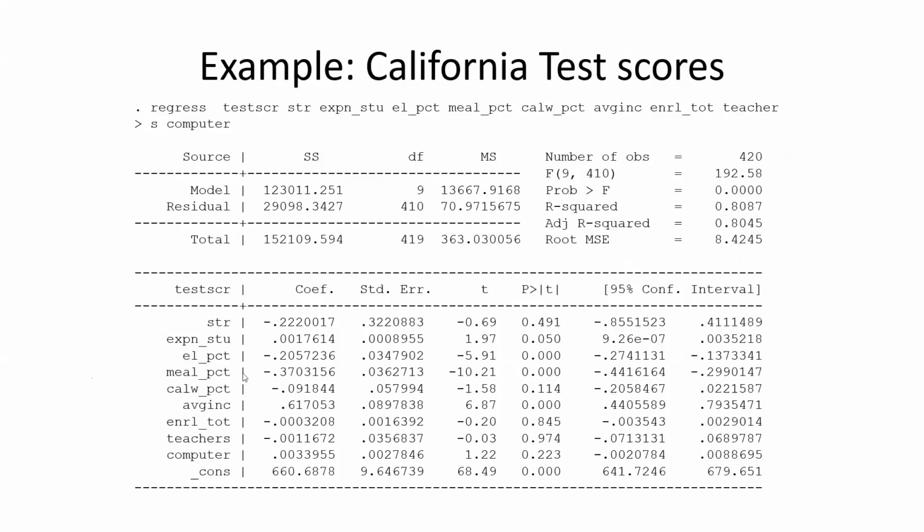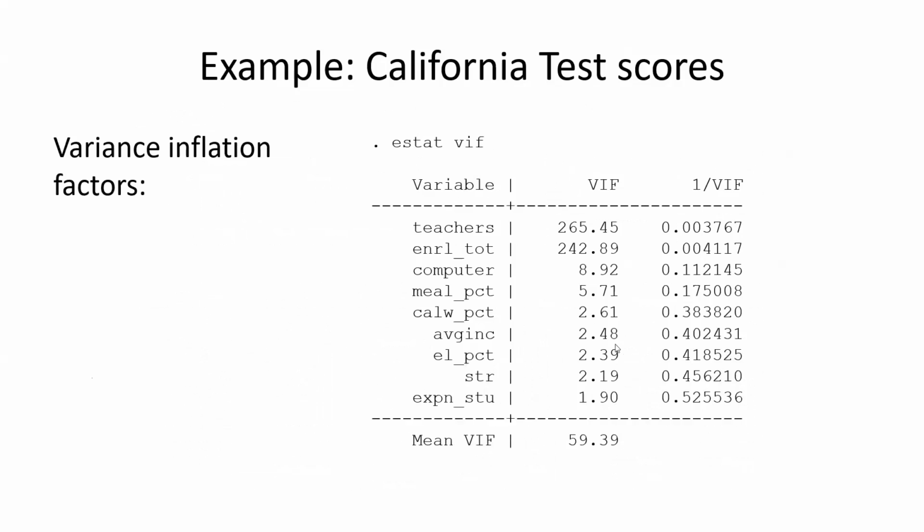That corresponds to the average income: lower income, you need meals. English learners clearly are going to have a harder time with the reading, so also lower test scores. And expenses per student is just barely significant here. All right, so let's run the variance inflation factors and see what happens.